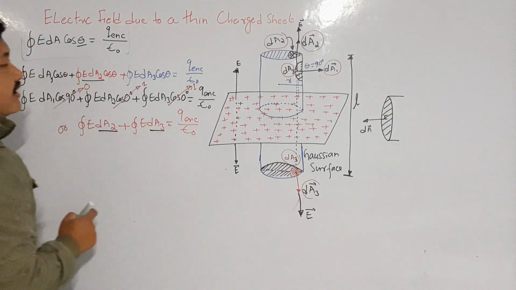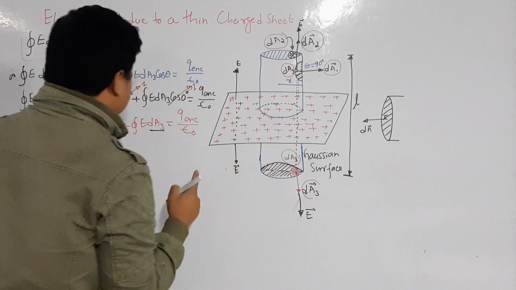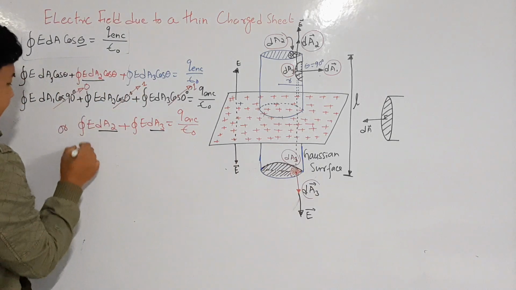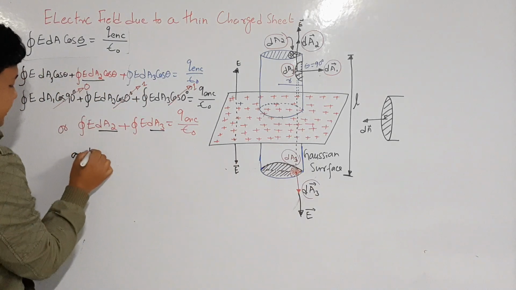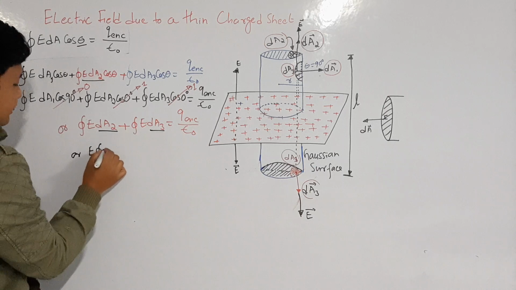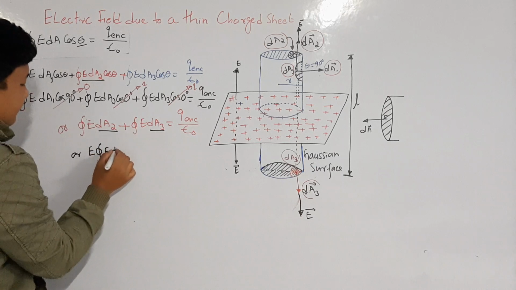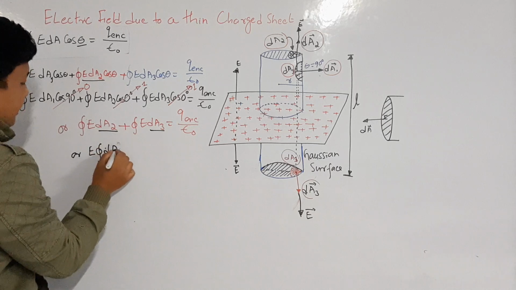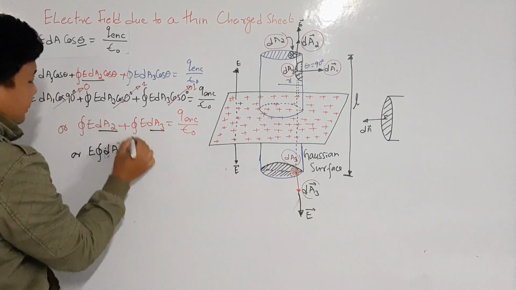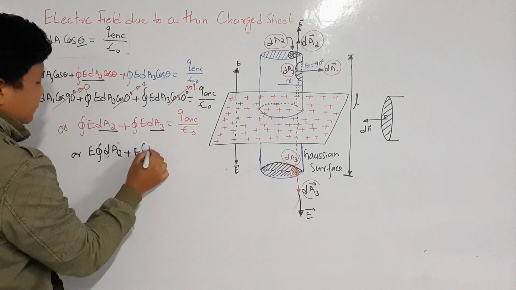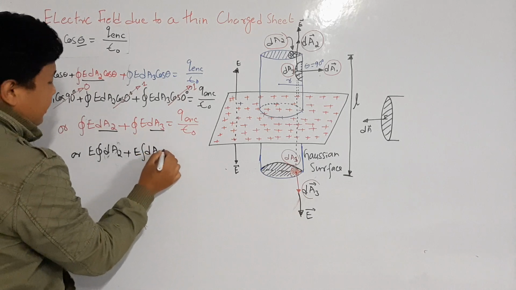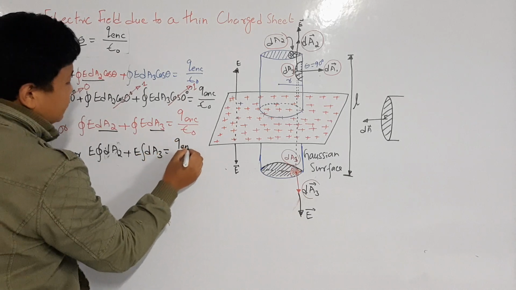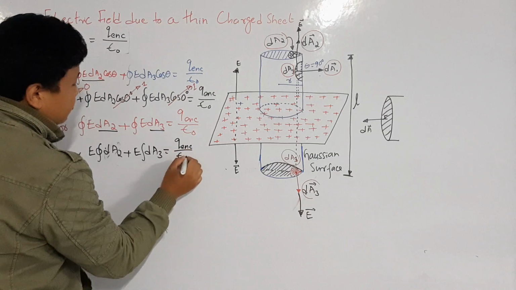See here, the electric field is constant, please remember. So I will take this constant E outside, then E outside integration dA2 plus again E outside integration dA3 is equal to Q enclosed by epsilon naught.